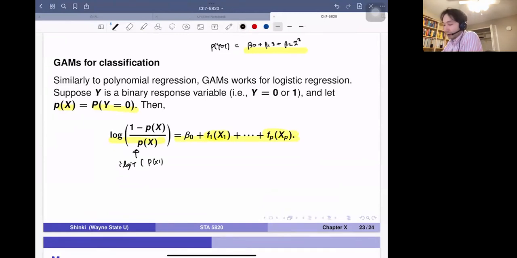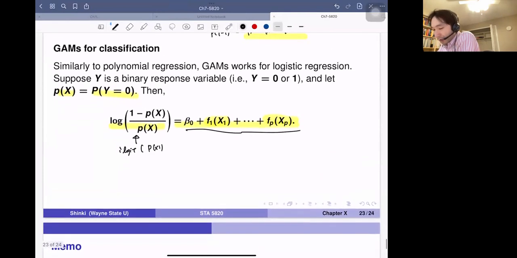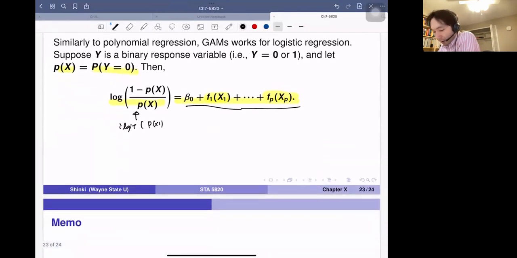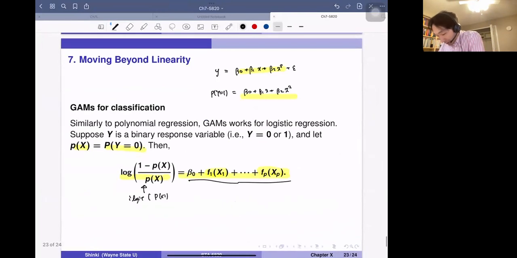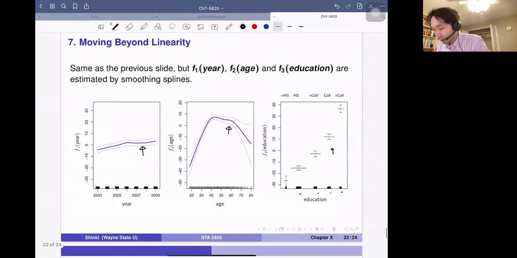So this is equal to this function. So we can apply the GAM idea to logistic regression. Yeah, so this is how GAM works. Any questions on GAM?